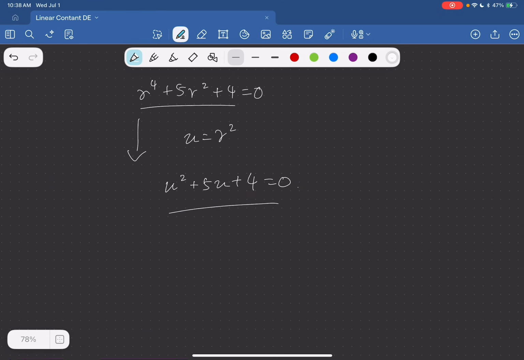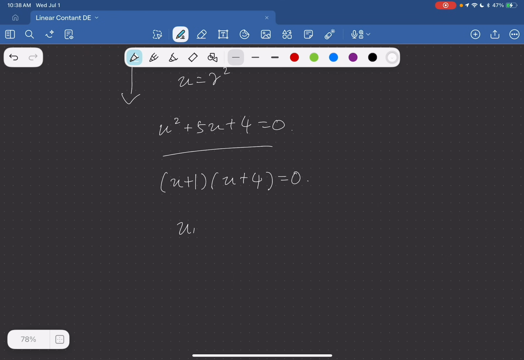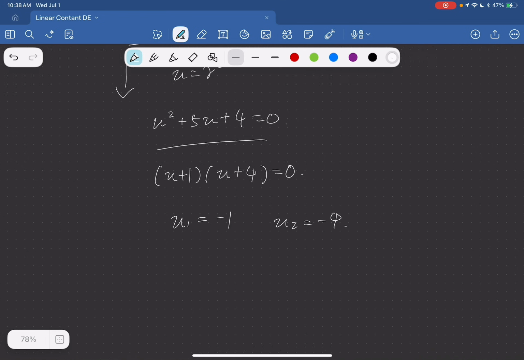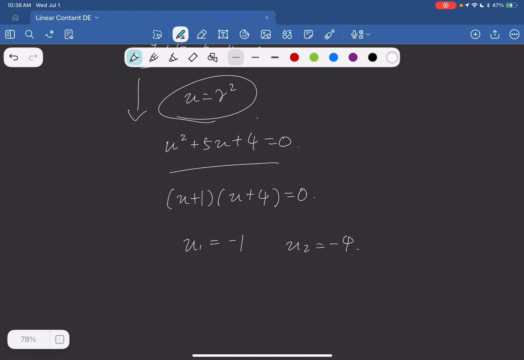And this is what we are familiar with. Use the cross method. We can further simplify this into the root form. So we know u1 is equal to -1, u2 is equal to -4. And don't forget, it's actually r squared.